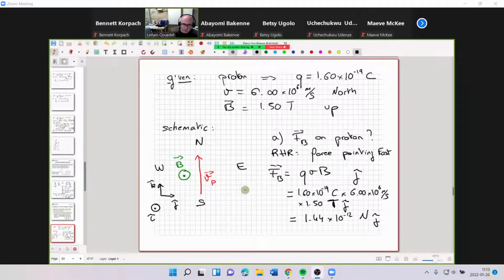If you do not have anything to counterbalance this magnetic force, the trajectory of your proton should look something like that. It's pushed toward the east, so it's not a straight line anymore. It's not a constant velocity vector anymore. Do you agree with that?